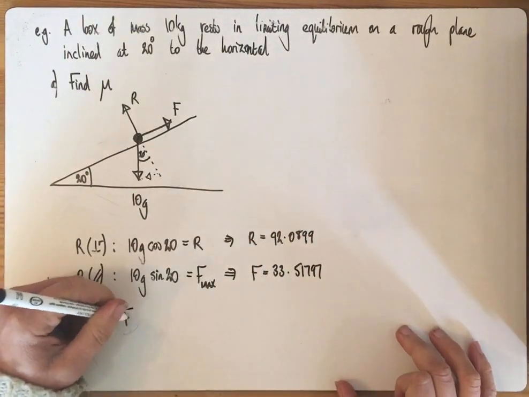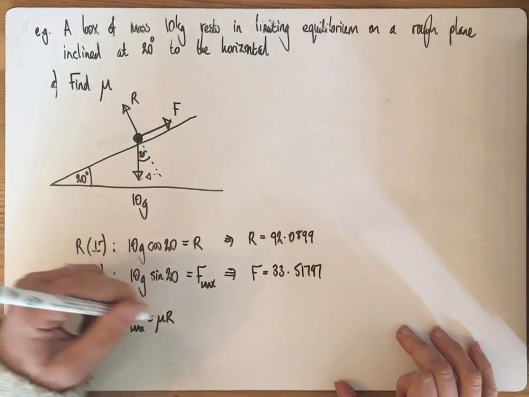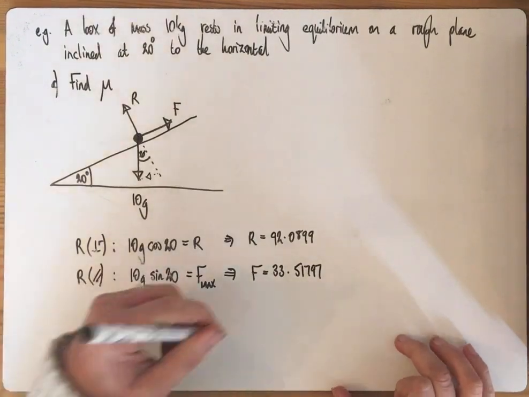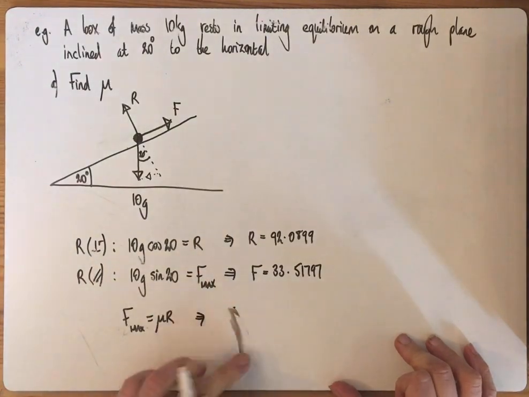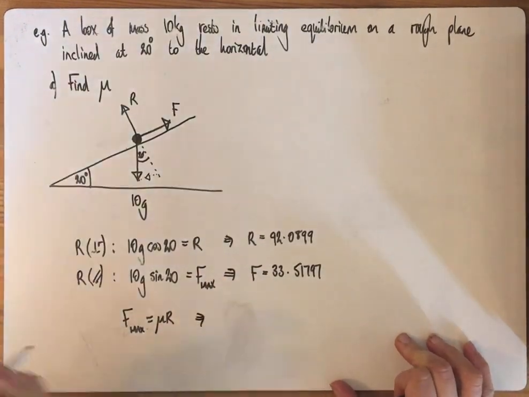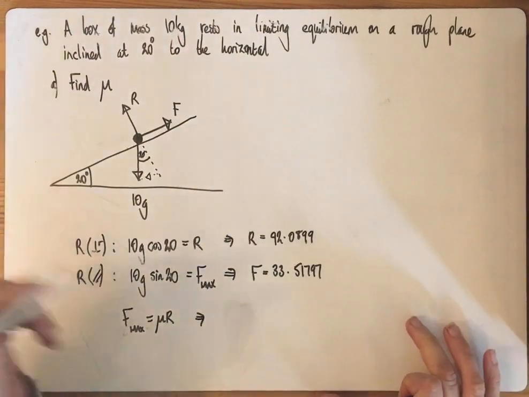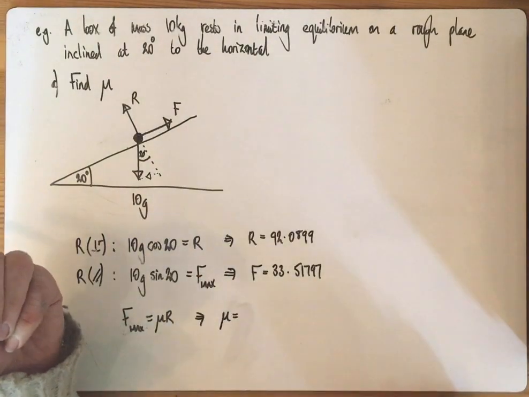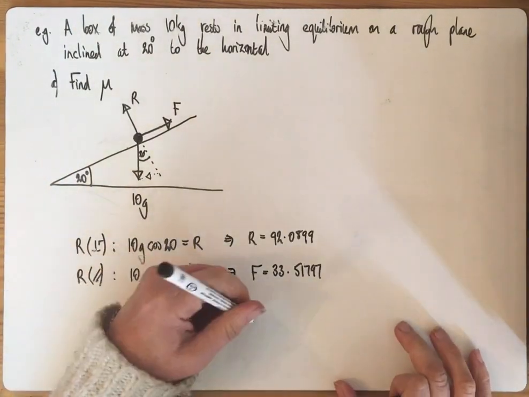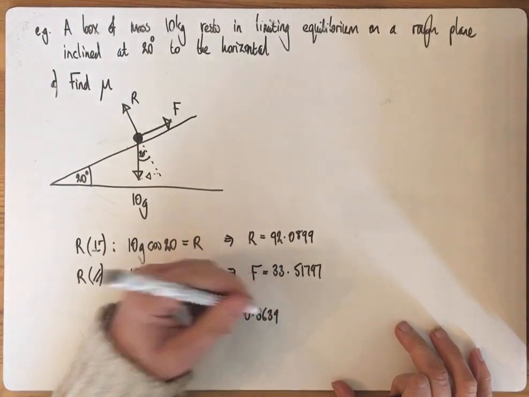And F max is equal to mu R, and so, sorry, we want to find mu, don't we? And so you can just do this one divided by this one is equal to mu, and mu comes out as 0.3639.